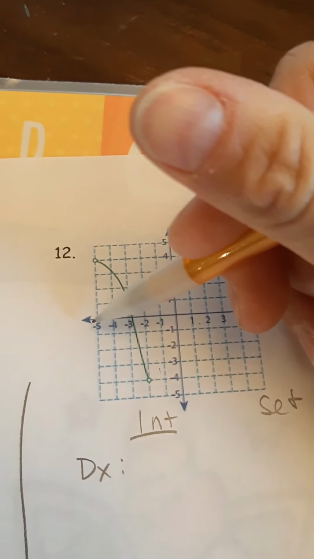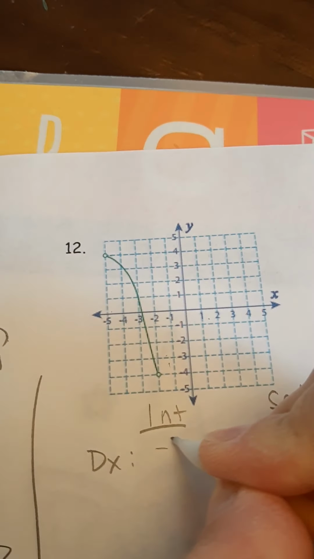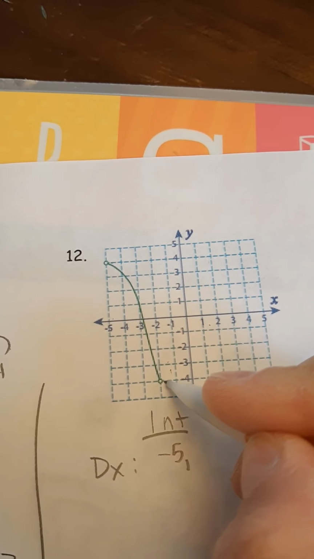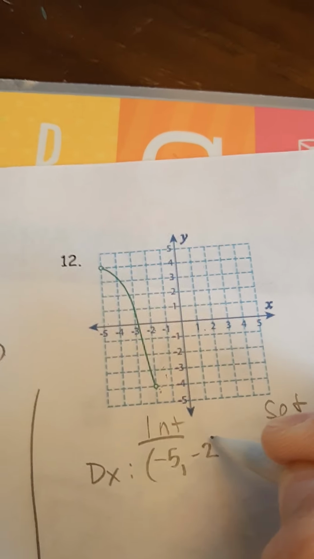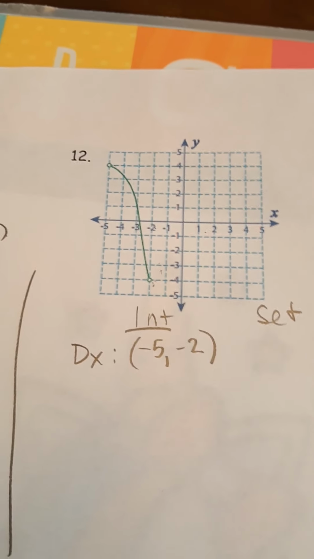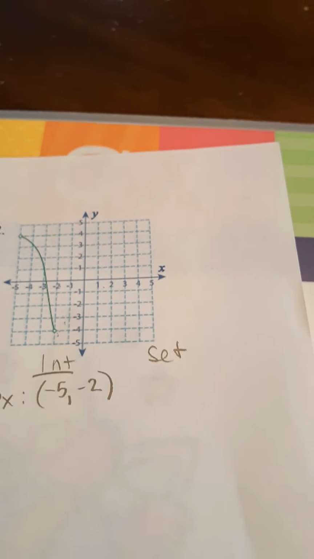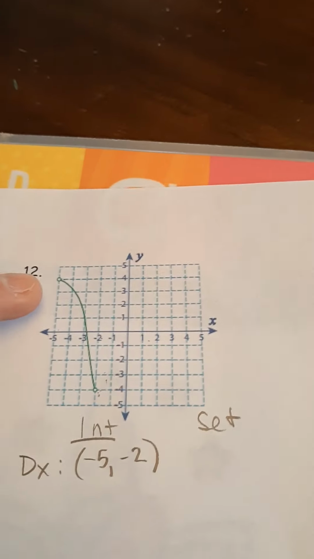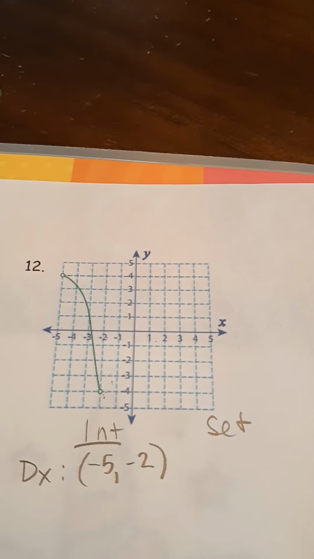The leftmost point, x is left and right, is -5. And the rightmost point is here at -2. And they're both open circles, so you put parentheses. Do you see the difference from literally every other question we did today? When there's arrows, there's infinities. When there's a beginning and an end, you have parentheses and brackets.